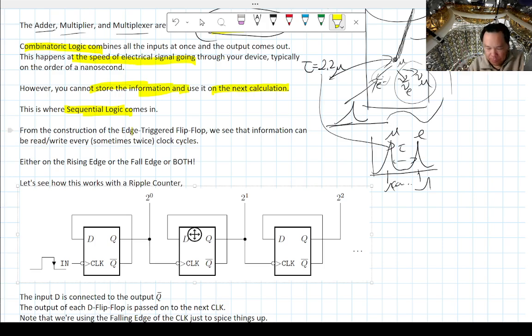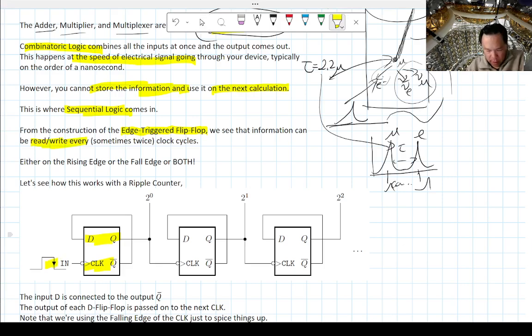And this is where we're going to construct some edge-triggered flip-flops. In the lab, you'll get to build some of these. We see that the read and write only happens when the clock cycles either up or down.